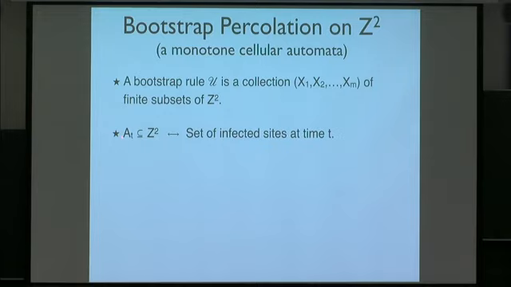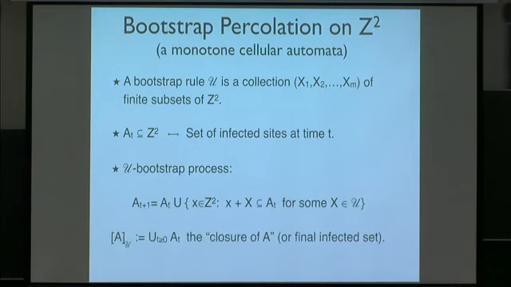Then you call A_t the set of infected vertices at time t. Formally, this bootstrap process works as follows: to A_t you add all the vertices that were not infected and that could be infected in the next round, and then you create A_{t+1}, and you proceed infinitely many times.